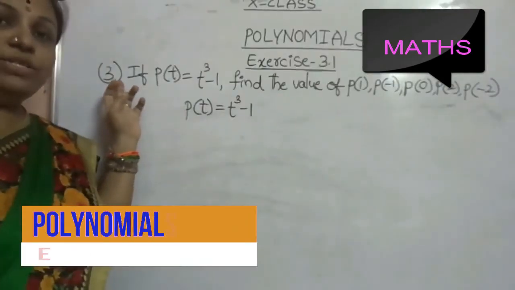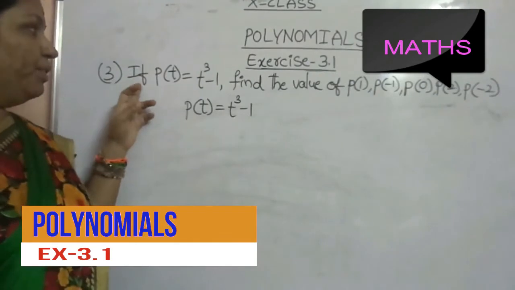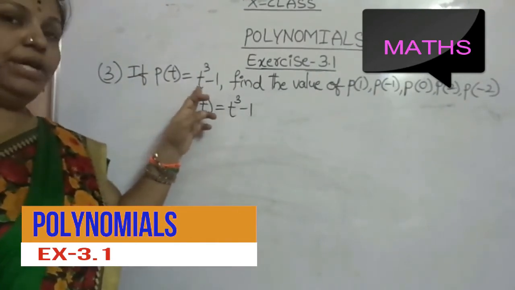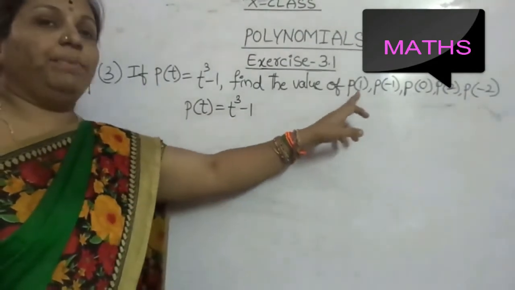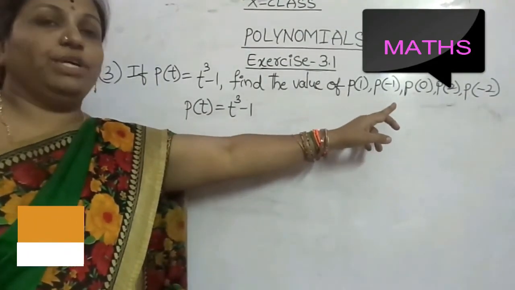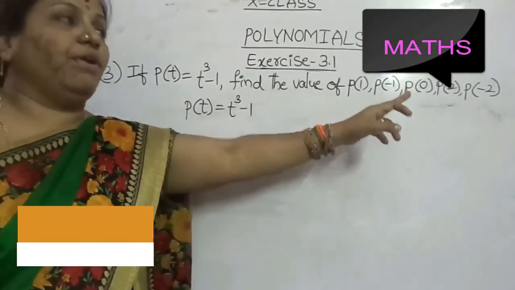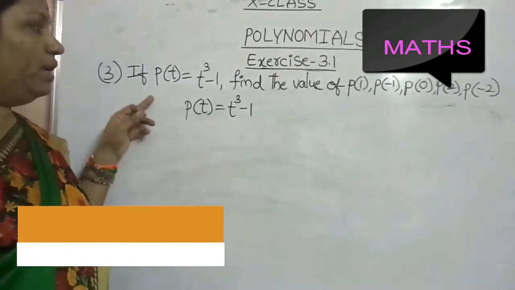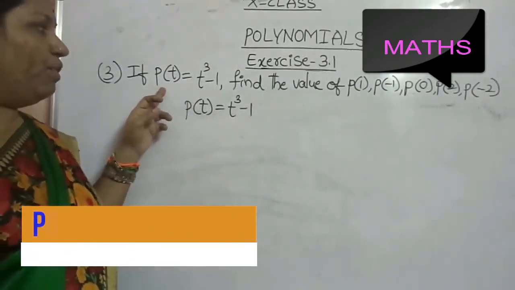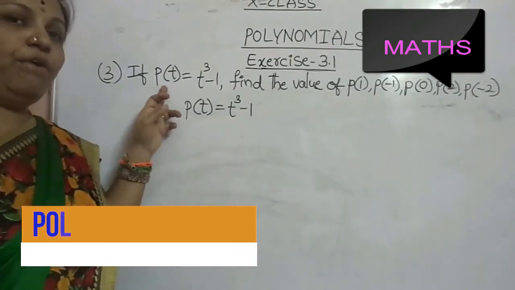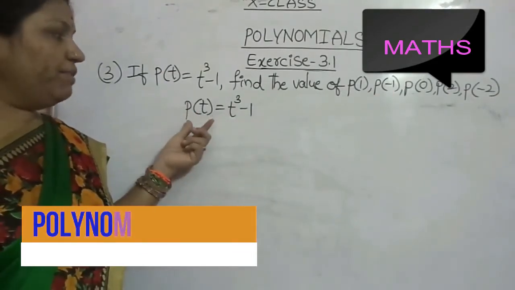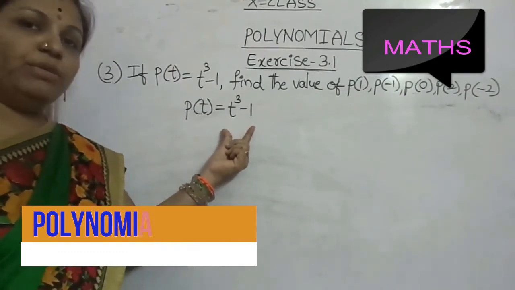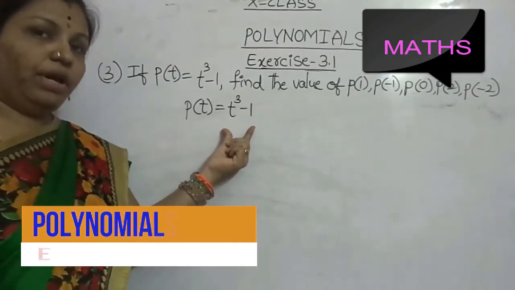Okay, go for the next question, the third question, that is: if p of t is equal to t cube minus 1, find the value of p of 1, p of minus 1, p of 0, p of 2 and p of minus 2. So here see the polynomial. P of t is equal to t cube minus 1. Here we can see the polynomial in terms of the variable t.